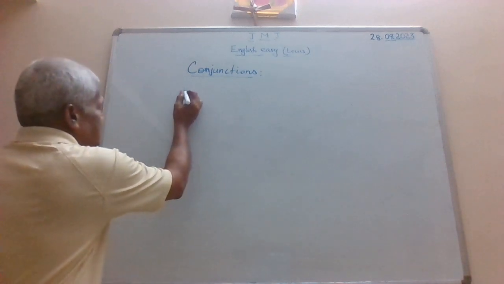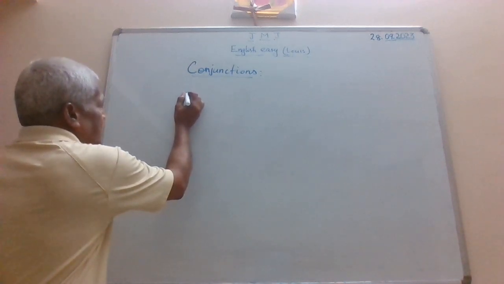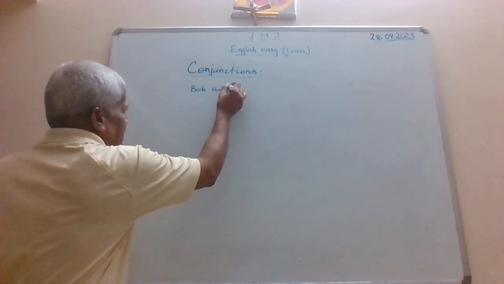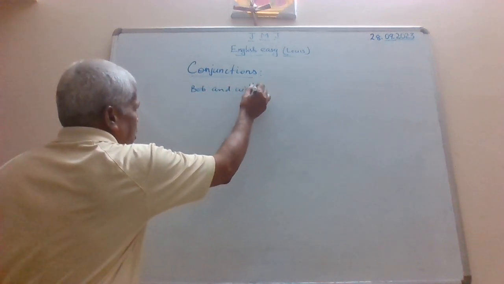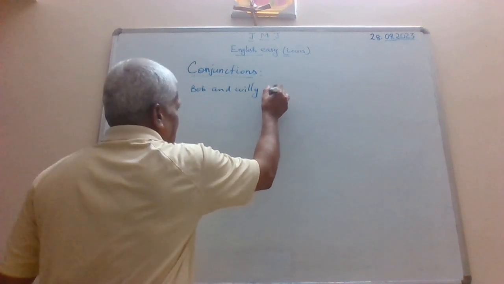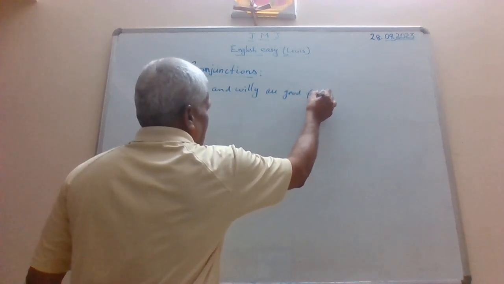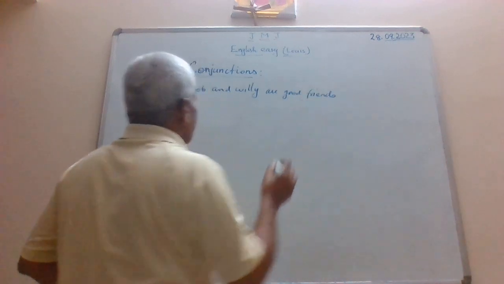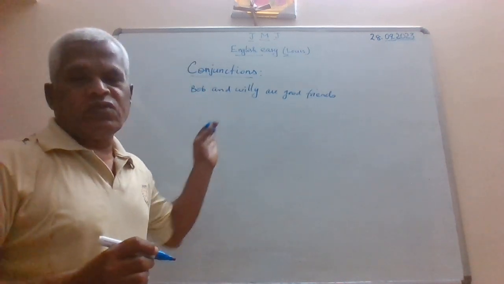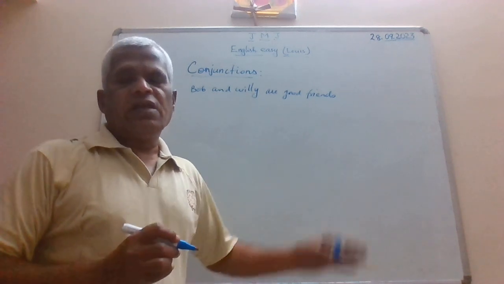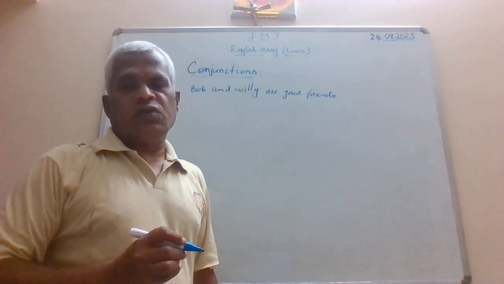See, for example, let me write an example. Bob and Willie are good friends. A small sentence to help you understand how conjunctions link two words.